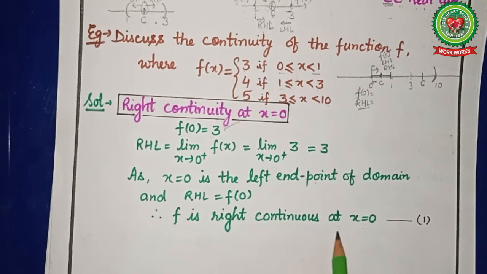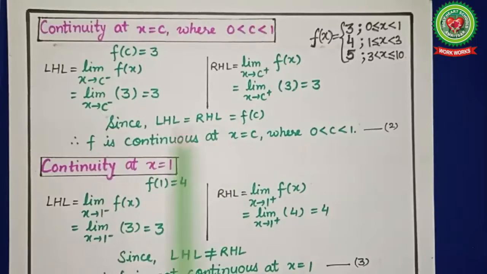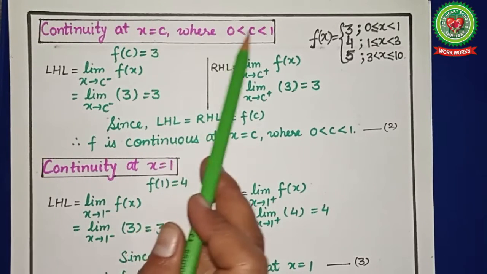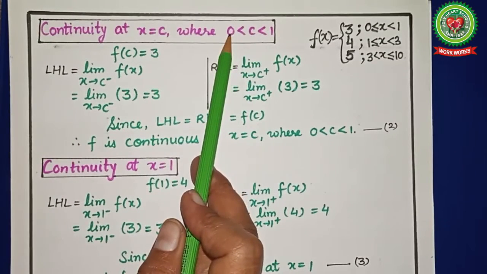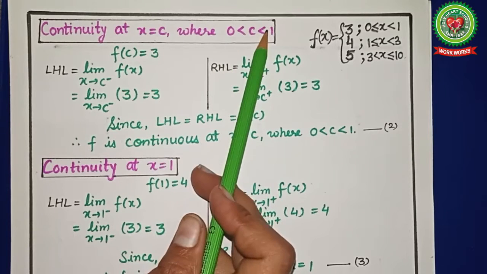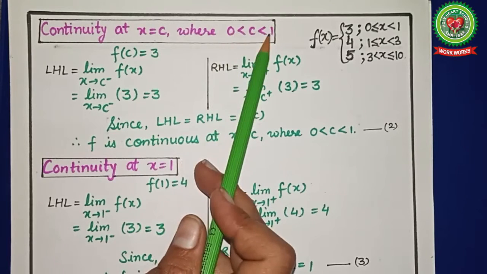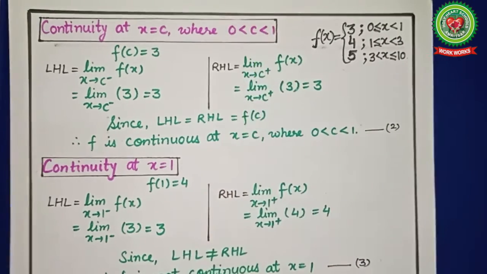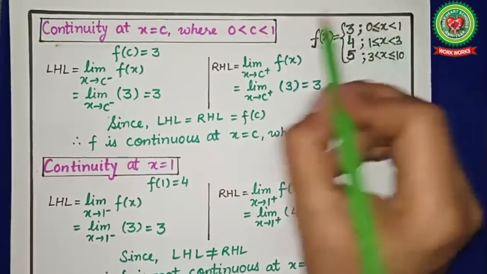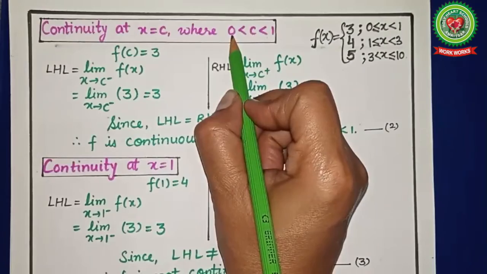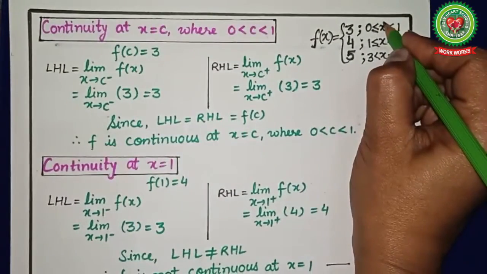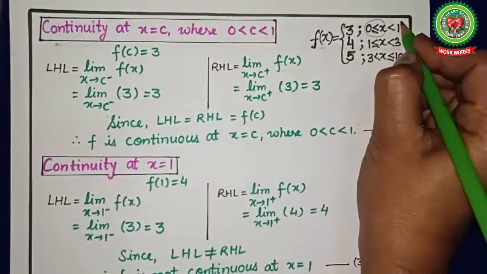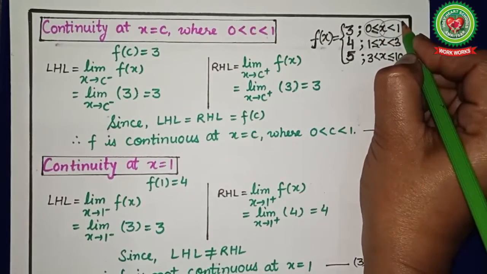As x equal to 0 is the left end point, that's why we have not found the left hand limit. Okay, now next is continuity at x equal to c where c is greater than 0 and less than 1. It means c lies in the interval 0 to 1. So we know that c greater than 0 means we take x greater than 0, and c less than 1 means x is less than 1.